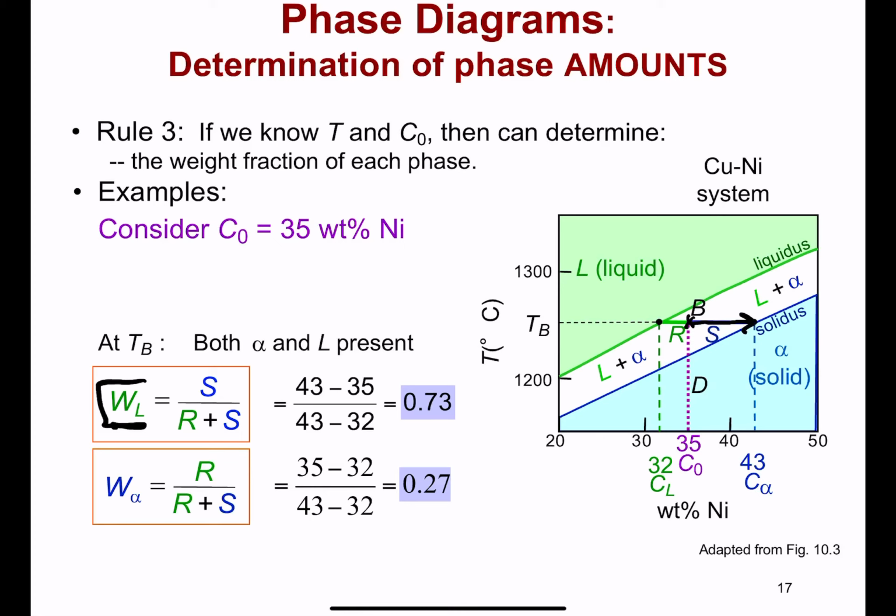That is the longer component of the tie line, and that represents 43 minus 35 as our numerator. The whole tie line, of course, takes us from boundary to boundary, and that's 43 minus 32 this time, and that's our denominator.